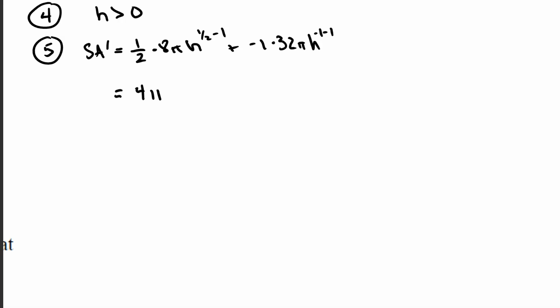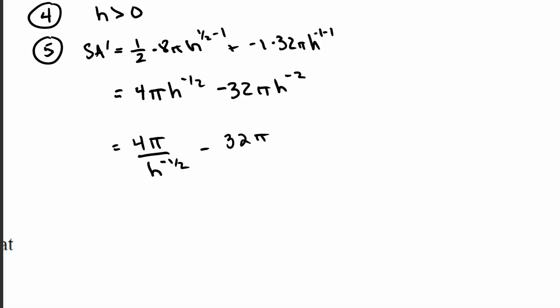So 4 pi h to the negative 1/2 minus 32 pi h to the negative 2. Let's rewrite these. All right, and we're setting that equal to 0. So this is the derivative of our surface area equation.